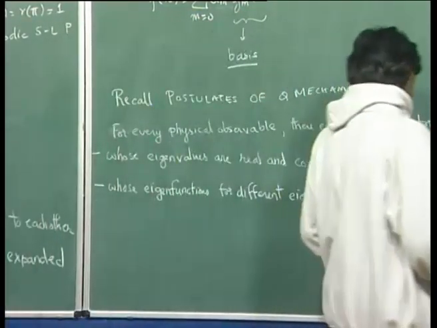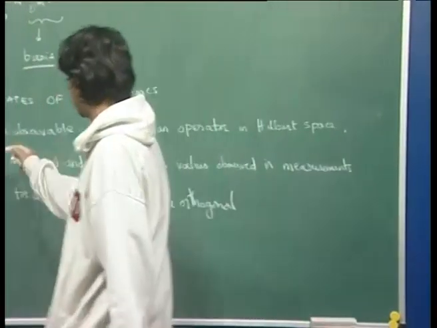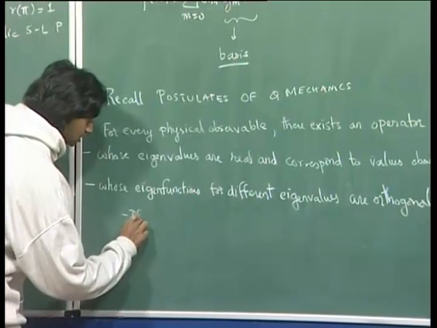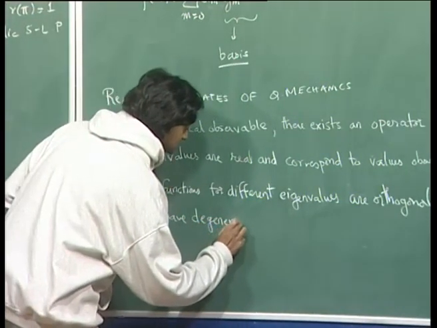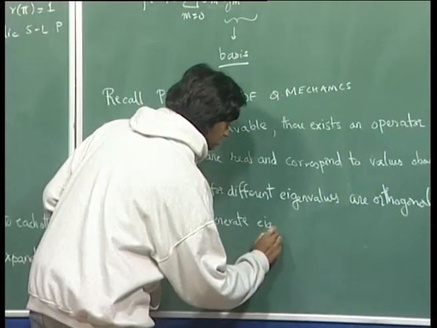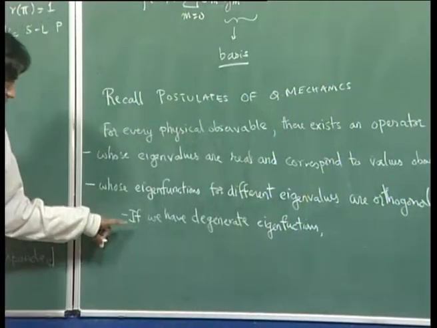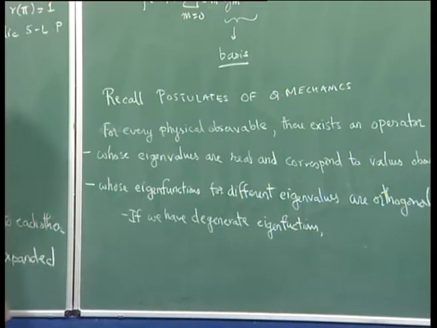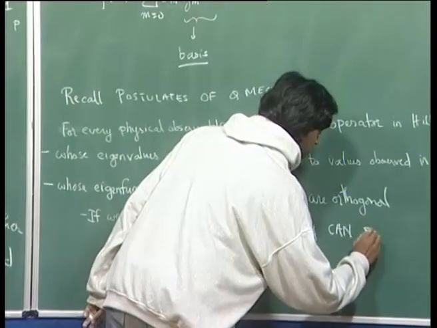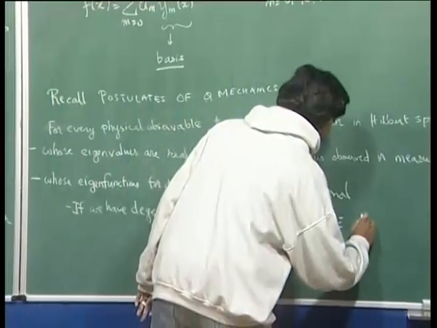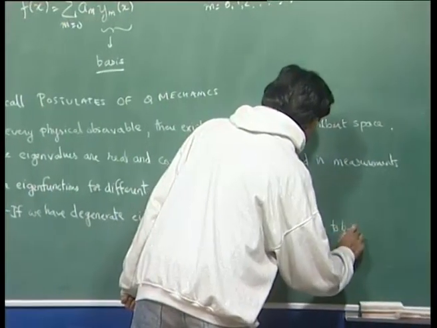There is another part of this: if we have degenerate eigenfunctions, that is, one eigenvalue with multiple eigenfunctions, they can be chosen to be orthogonal.